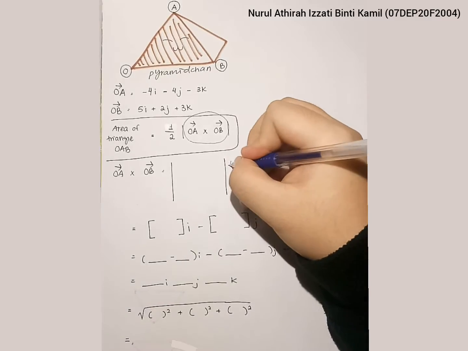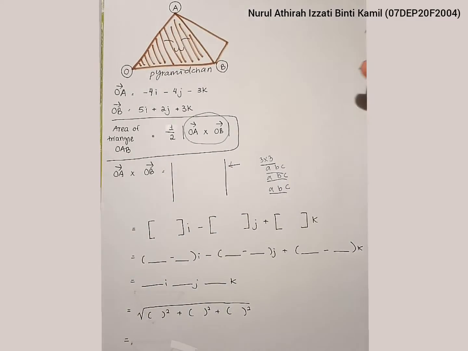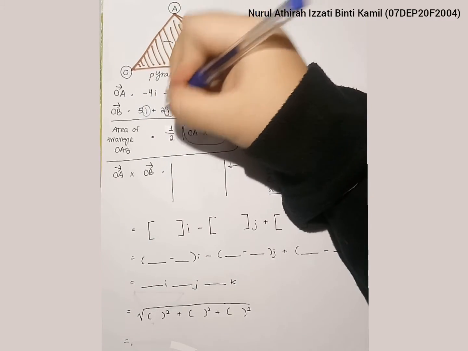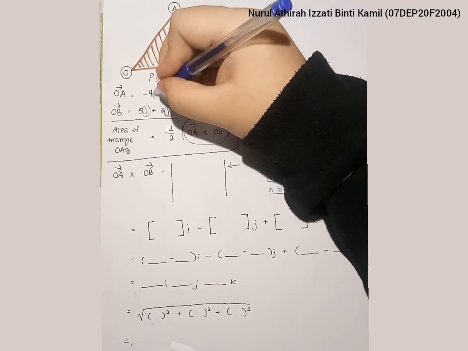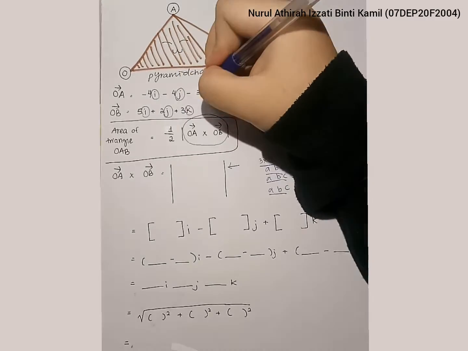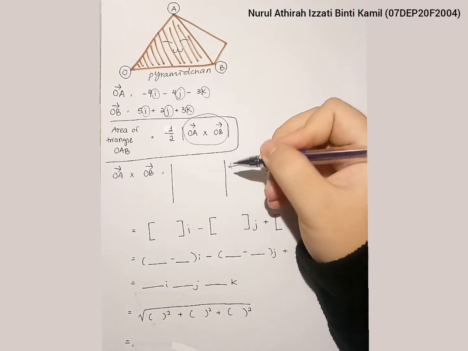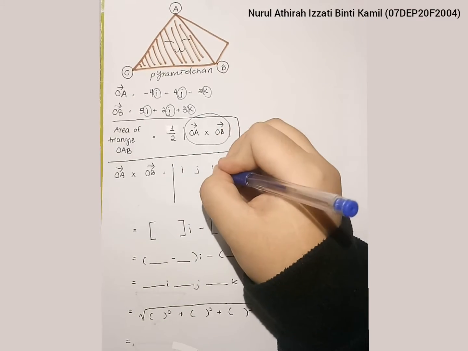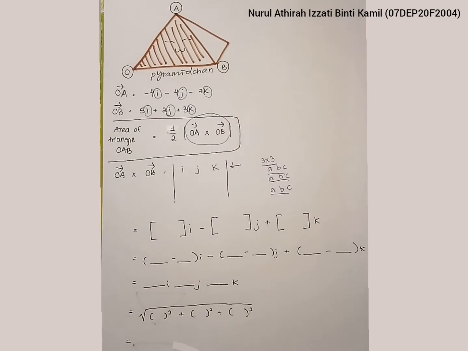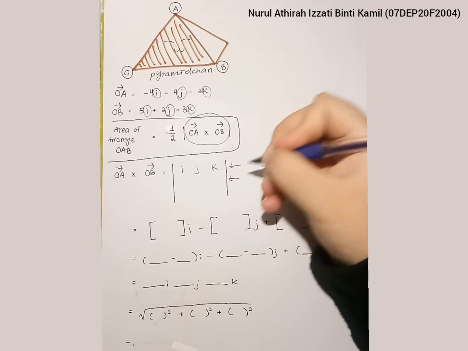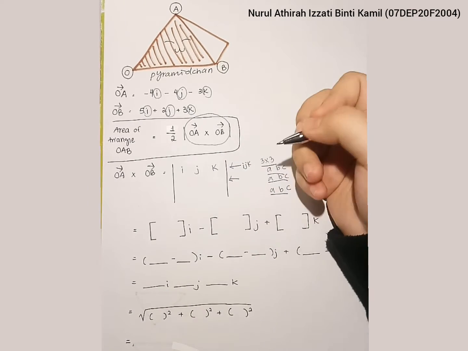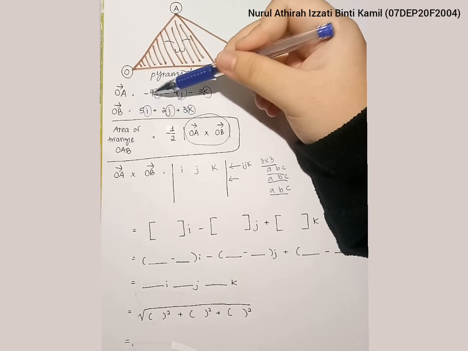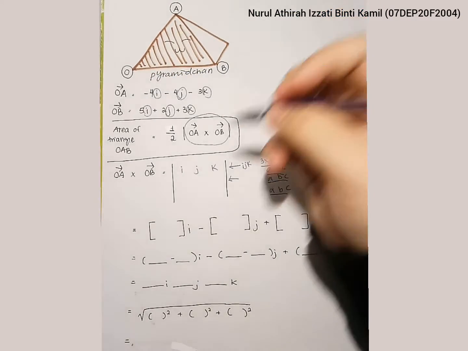So the first row, we will put what we see here, which is I, J, K. Same with this I, J, K. So here at the first, we will put I, J, K. At the second row, we will see the vector OA value, which is negative 4, negative 4, negative 3.